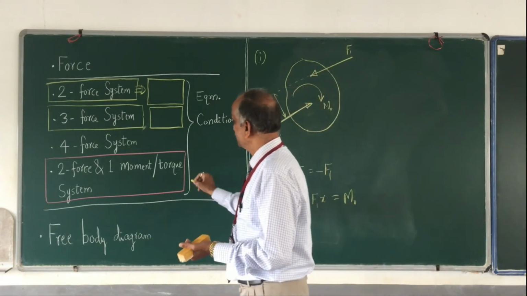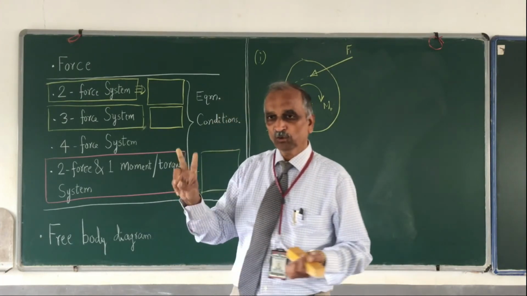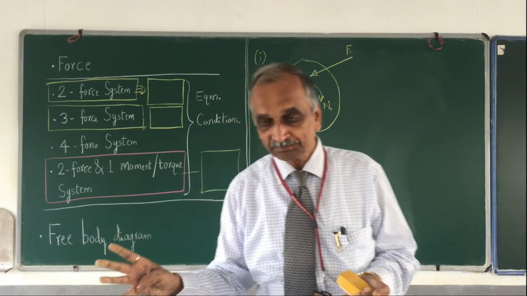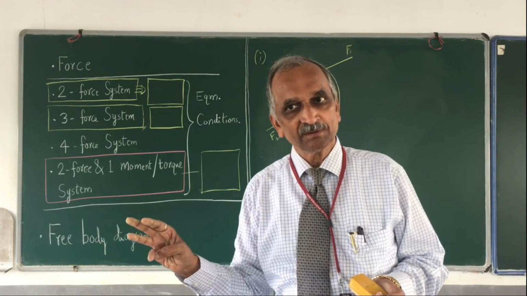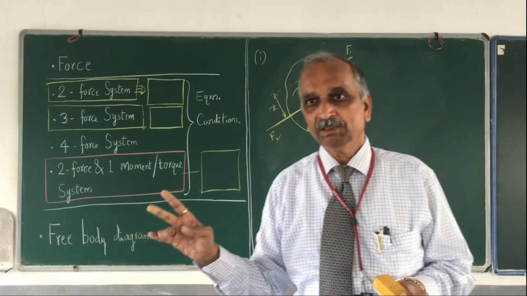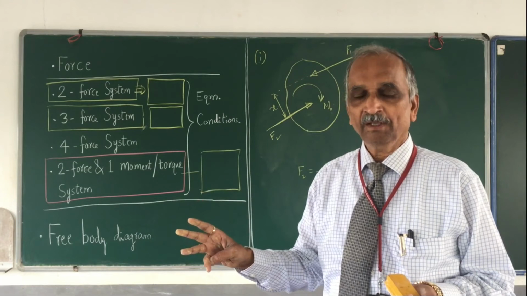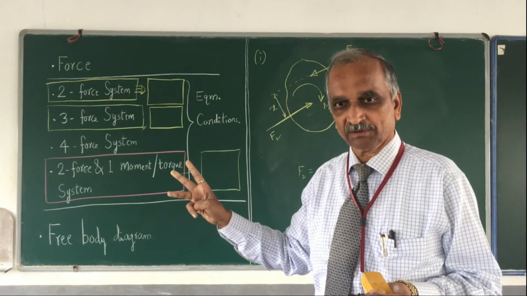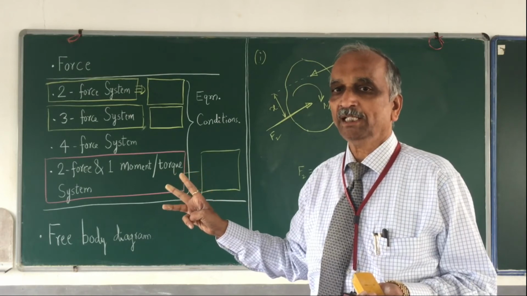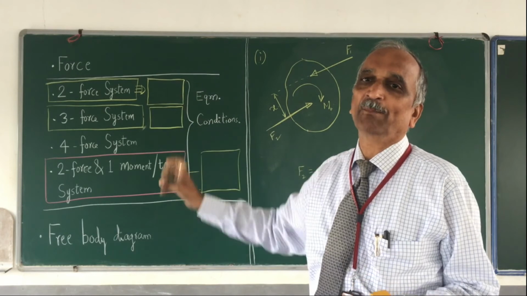So what is the condition now? If I write this kind of conclusion, the two forces must be equal, opposite, and parallel, and the couple formed by these two forces is exactly equal and opposite to the moment applied.